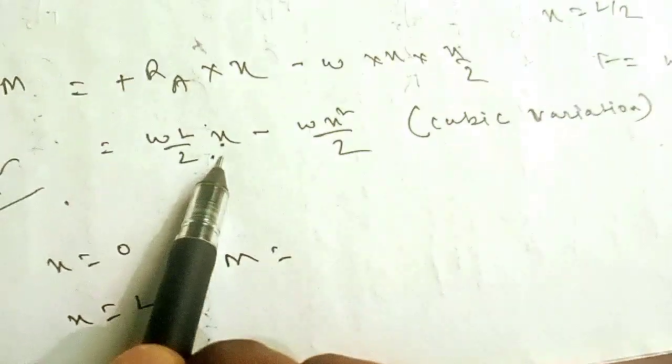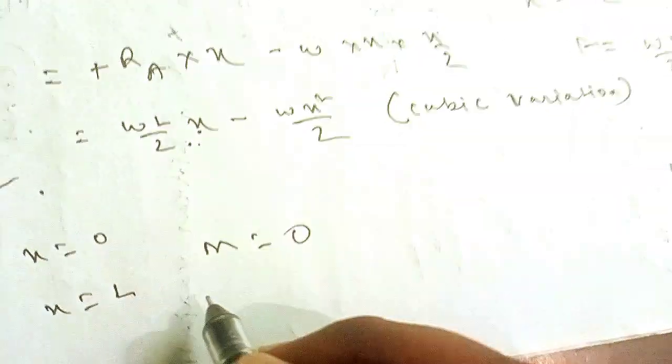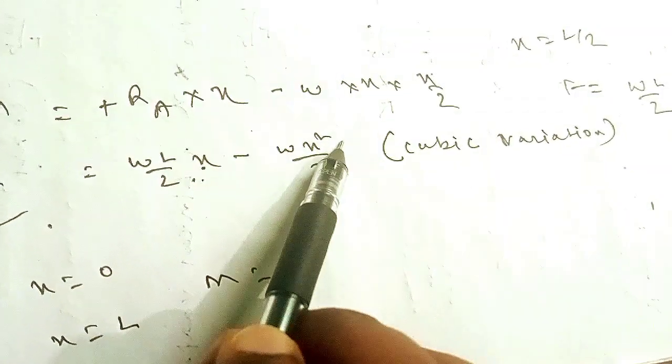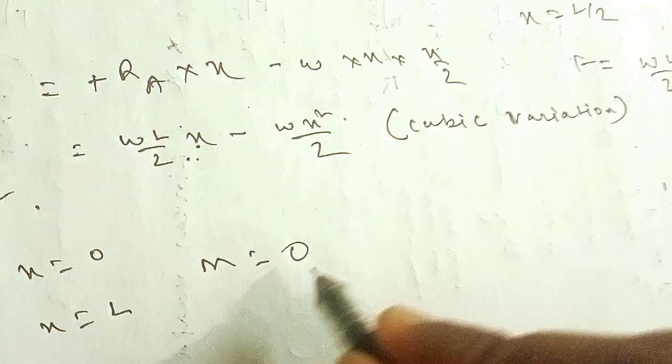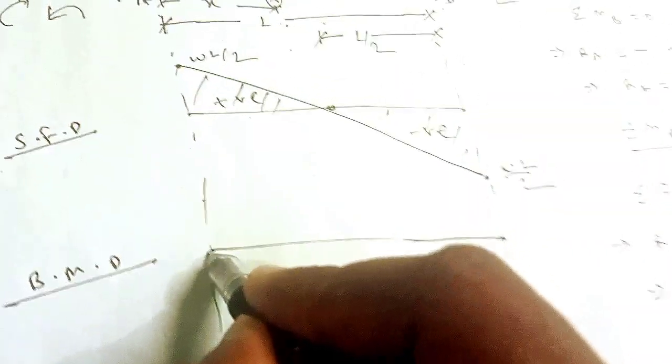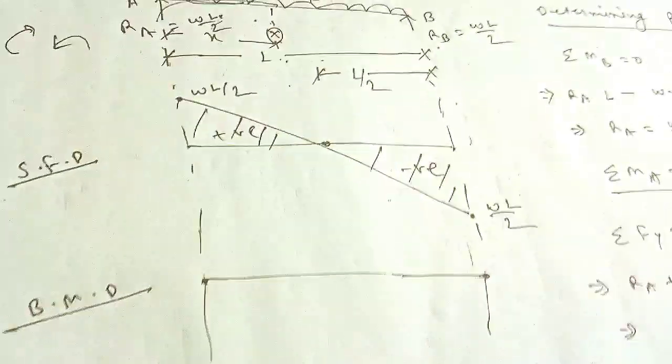At x equal to 0, the moment will be 0, and at x equal to L, if you put the value of L here, you will get the moment, and it is also the same value, 0. At x equal to 0 the moment is 0, and at x equal to L the moment is 0.